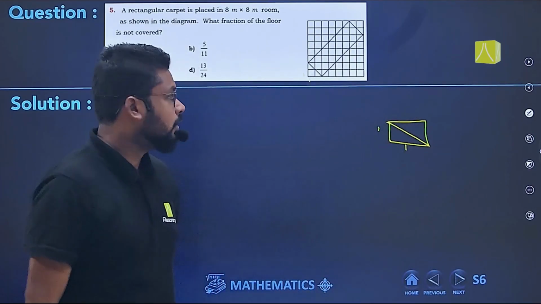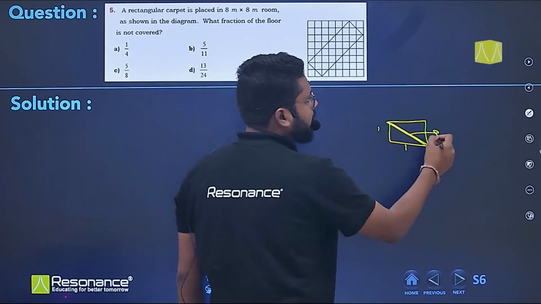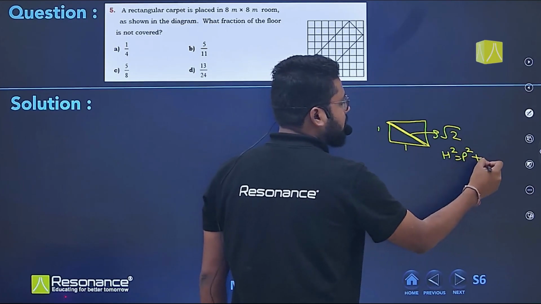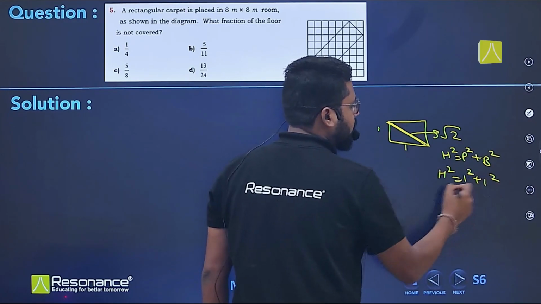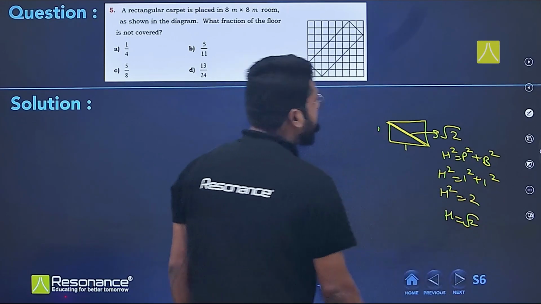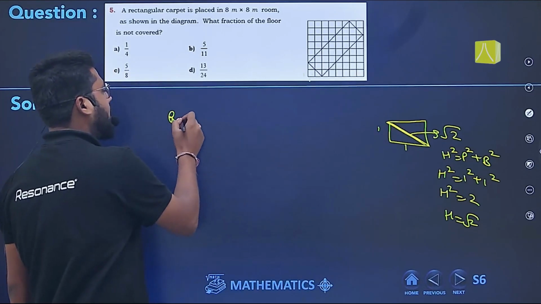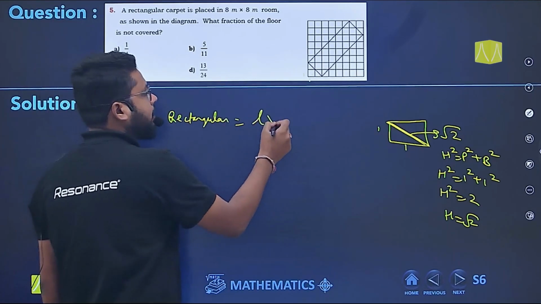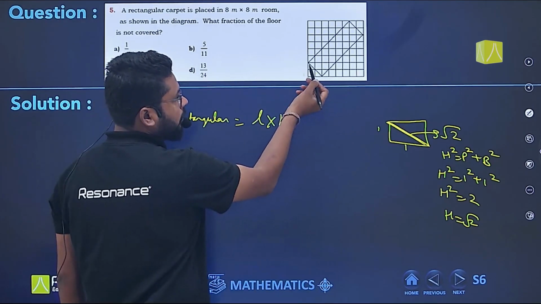So using Pythagoras theorem, if you find the value of this side, that will be root 2, because h square equals p square plus b square. So h square will be 1 square plus 1 square. So h square is 2, or we can say that h is root 2. This means every diagonal is of root 2. So the rectangular carpet area will be length into breadth. In the breadth you can see that 2 diagonals are there.